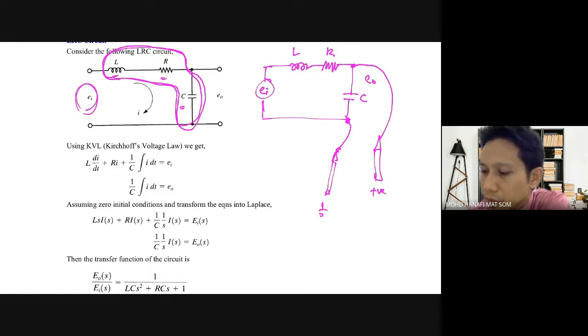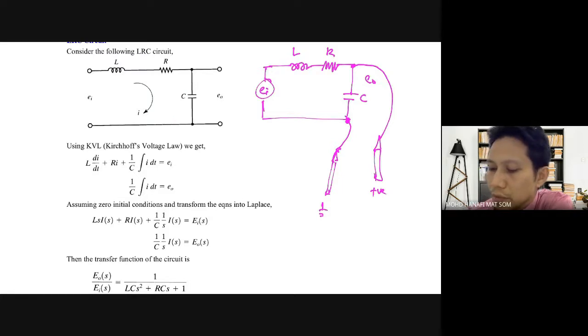Now we have the first equation. Our first equation has L di over dt, Ri, and 1 over C integration of i dt.